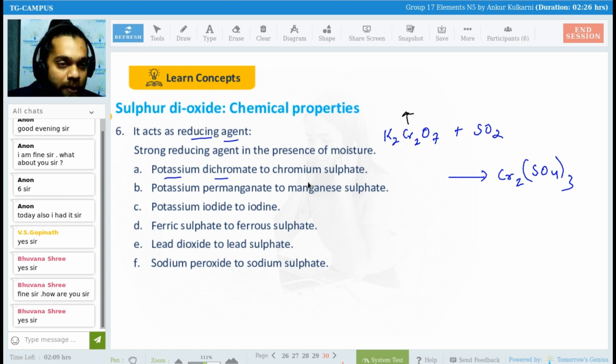Prashanti, calculate. Kirtini, calculate. What will be the oxidation state of Cr in K2Cr2O7? Yes, Kirtini, what did you get?